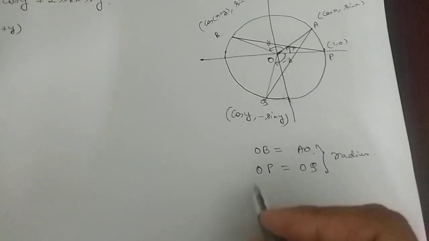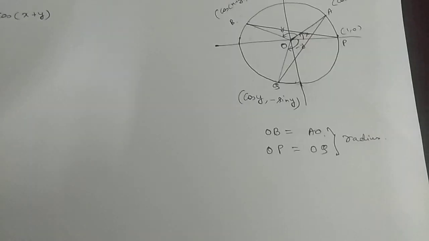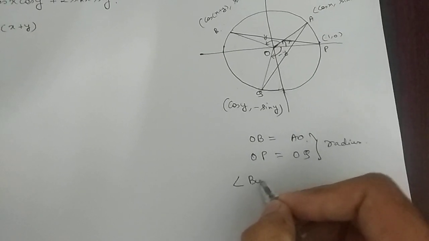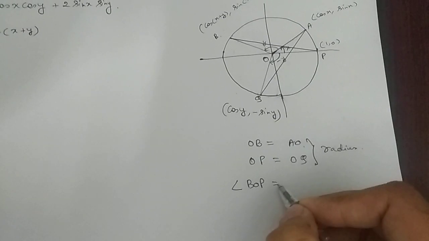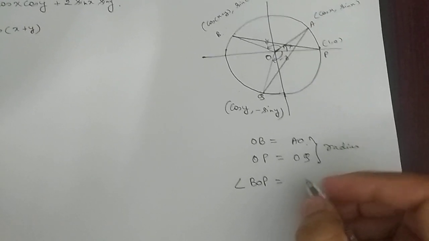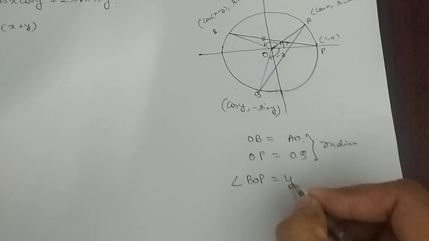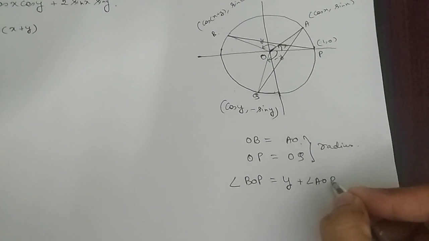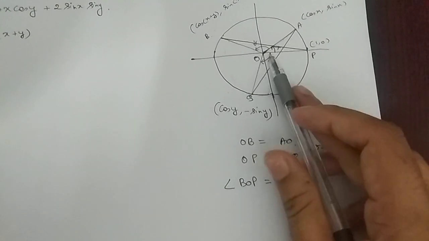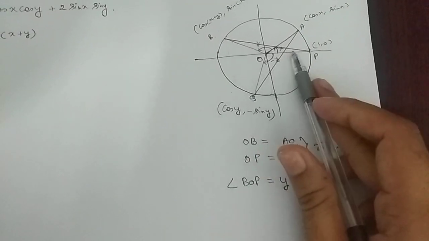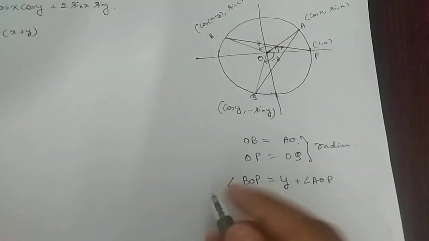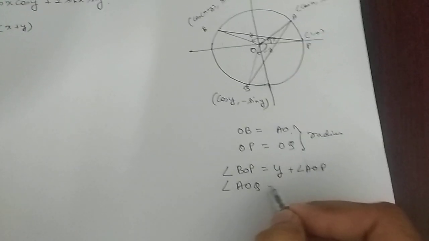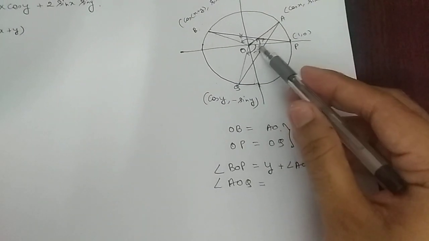Now, one more important thing here. We have to observe angle BOP. We can see this angle BOP is angle y plus angle AOP. Angle y here plus this smaller angle, angle AOP, and angle AOQ is equal to this angle y.